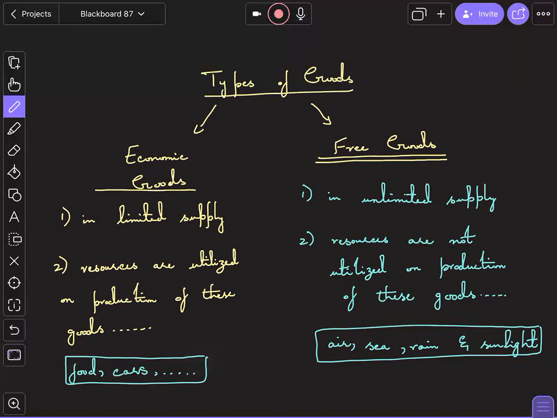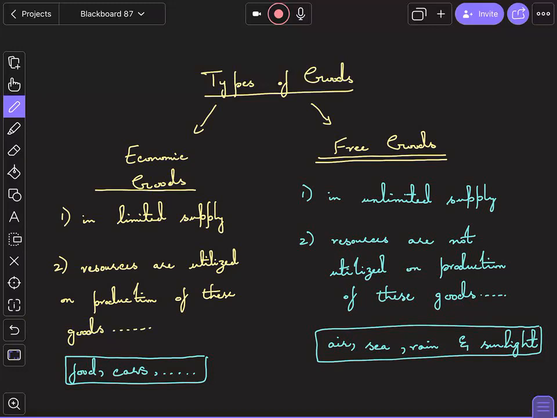There is one important thing that I want you guys to remember: goods that are available free of cost, goods that are available without any charges, are not free goods. You cannot classify them as free goods because still resources are utilized on the production of those types of goods.